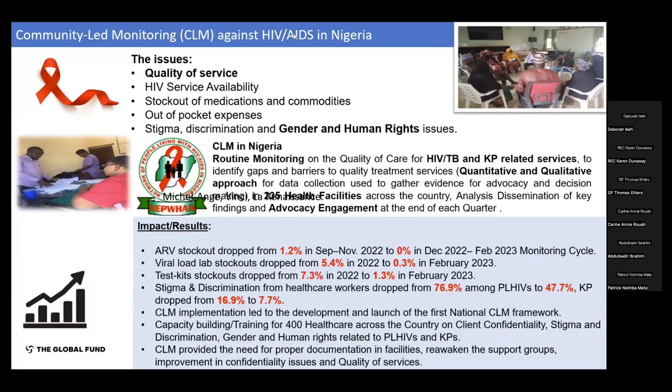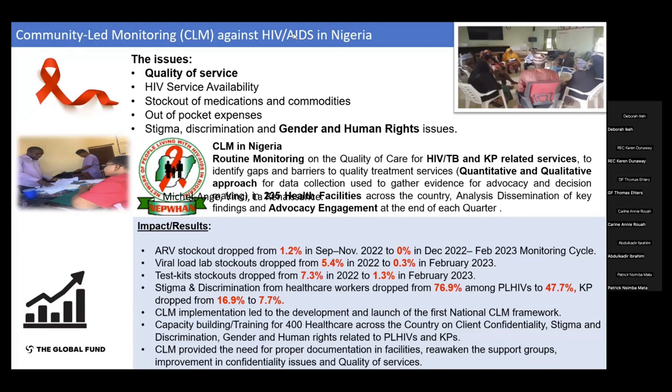And as you can see from the highlight, basically what we do, we monitor the quality of services, looking at HIV service availability, stock out of medication and commodities, out of pocket expenditure, and also stigma and discrimination and issues related to gender and human rights.